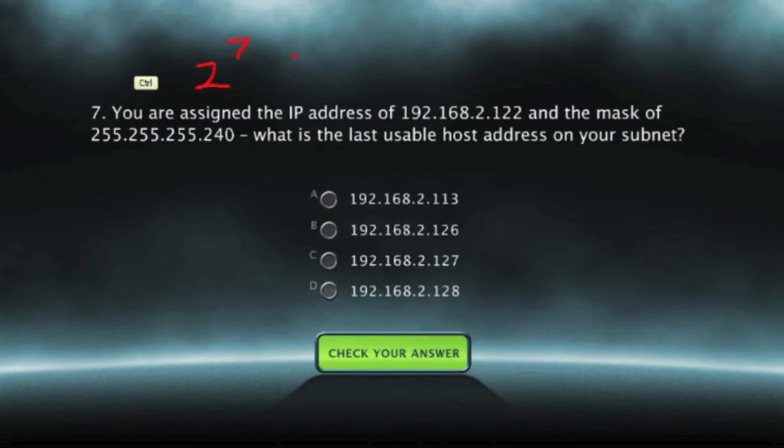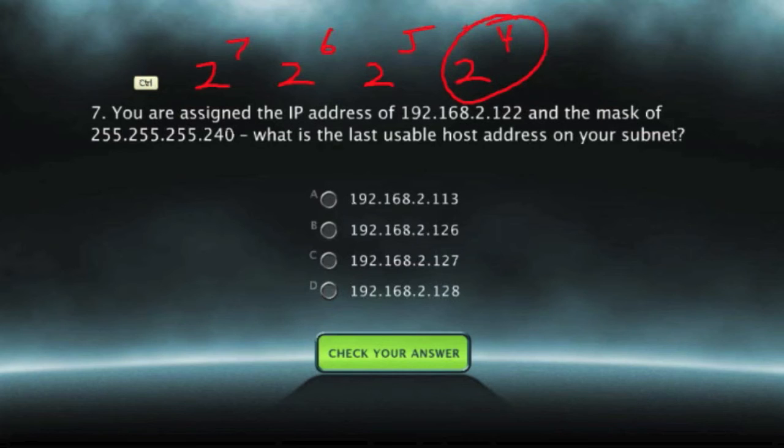2 to the 7, 2 to the 6th, 2 to the 5th, 2 to the 4. We're going 4 rows deep because we borrowed 4 bits. What is 2 raised to the 4, everybody? 16. Good job.